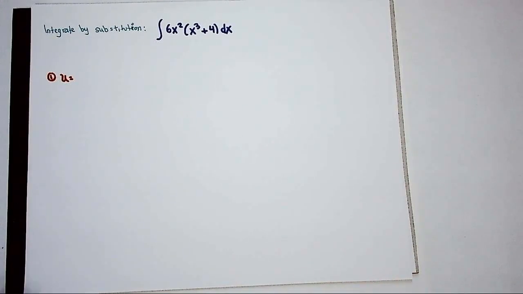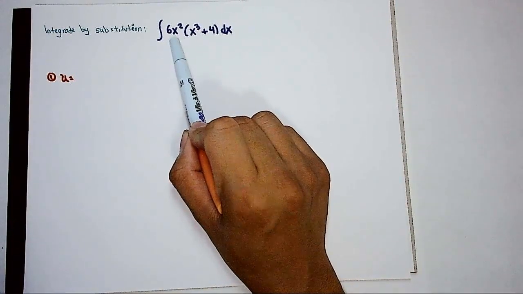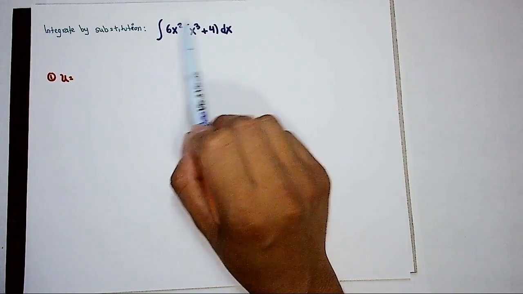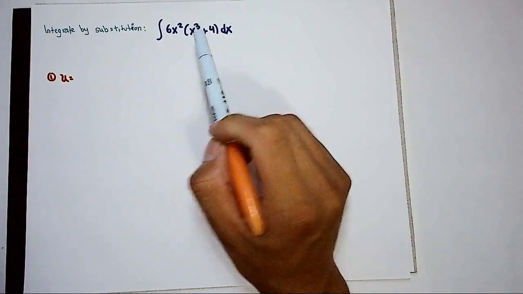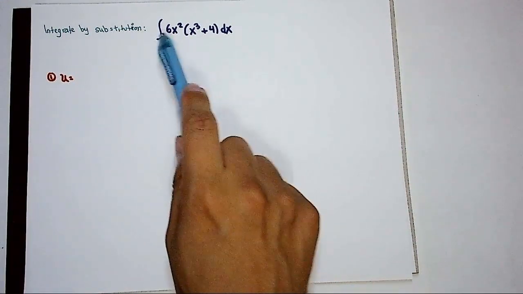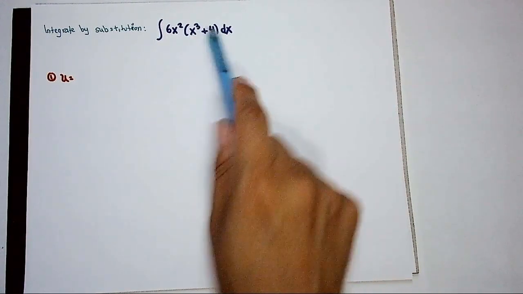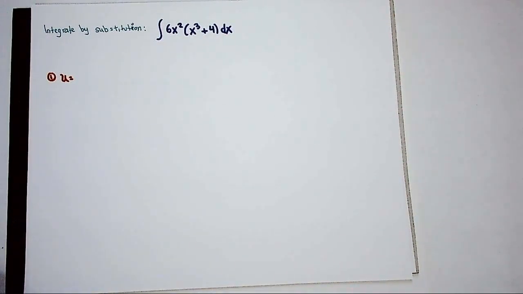In order to apply integration by substitution, we need to identify some characteristics in the integration. First, we must have two factors that are multiplying each other. In this case, we have 6x squared and x to the third plus 4. In that sense, one of them will be our u.